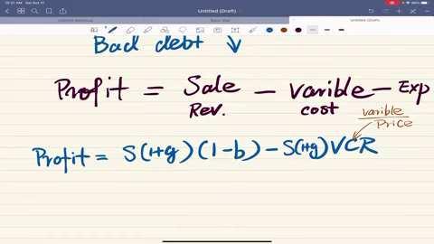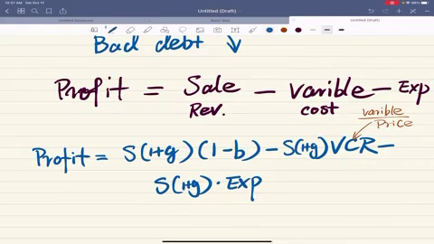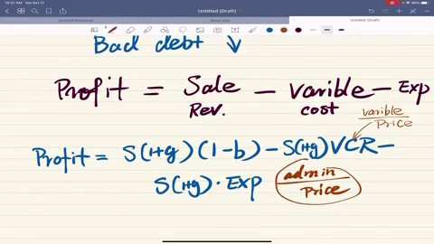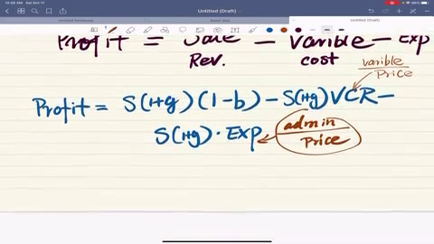And still minus the sales with the increase rate, multiplied by the expense rate. This is also a rate. It's the administration expense relative to the price. So you apply this rate to the expense.